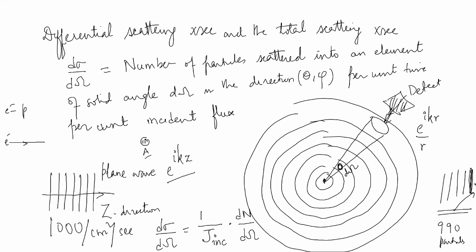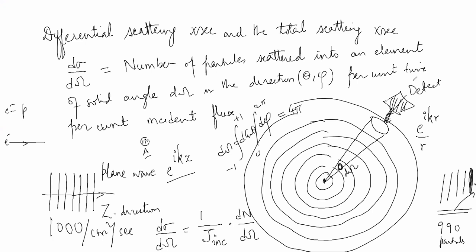That means if I put a detector of unit magnitude and multiply whatever particles I have measured by 4 pi, because d omega is d cosine theta times d phi, and d cosine theta goes from -1 to +1, and d phi goes from 0 to 2 pi, this will give us 4 pi.